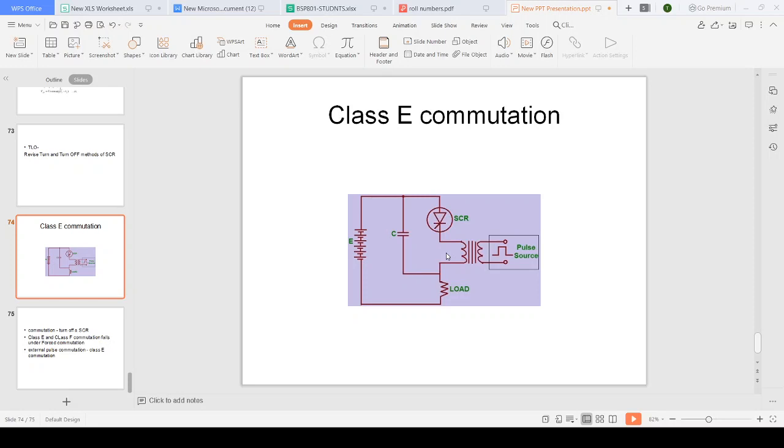Voltage at the secondary of the pulse transformer appears across this SCR, and it will act as a reverse voltage. Because of this voltage, this SCR will get turned off.